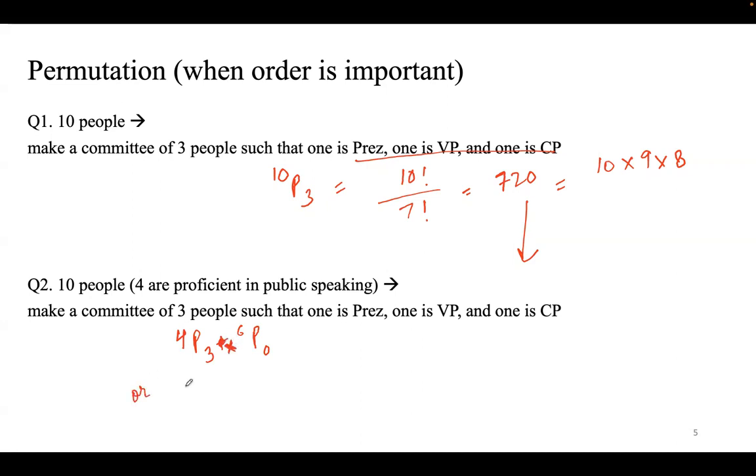Or you can have out of the 4, 2 are chosen, and out of the 6, 1 is chosen. Or out of the 4, 1 is chosen, and out of the remaining 6, 2. Or none of the 4 are chosen, but all 3 are from those other 6 people, right? So you can define it like this.